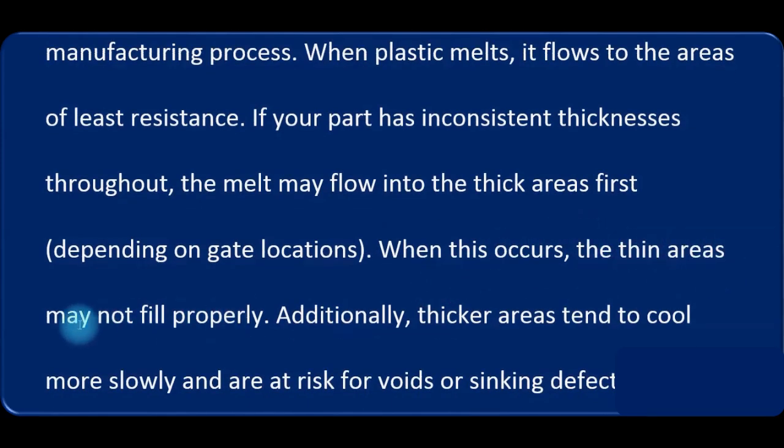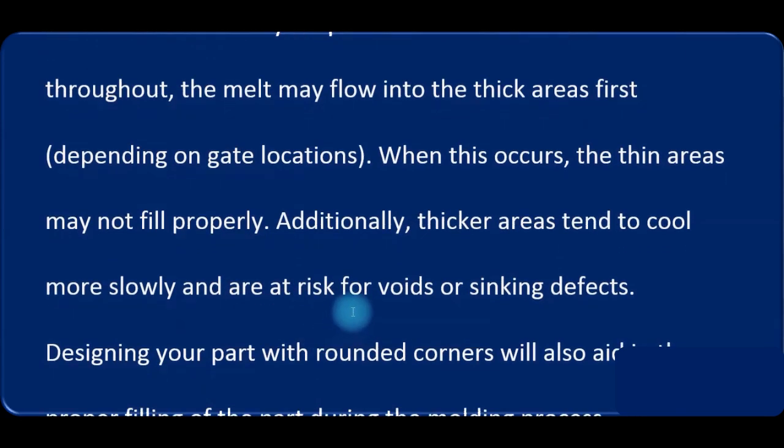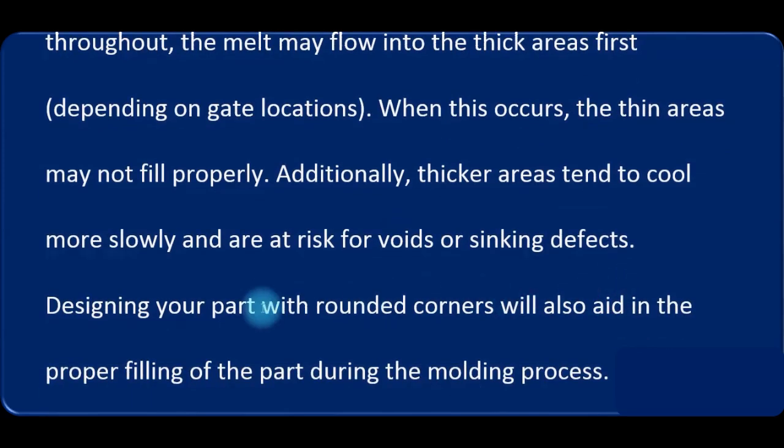When this occurs, the thin area may not fill properly. Additionally, thicker areas tend to cool more slowly and are at risk for void or shrinkage defects. Designing your part with rounded corners will also aid in the proper filling of the part during the molding process.